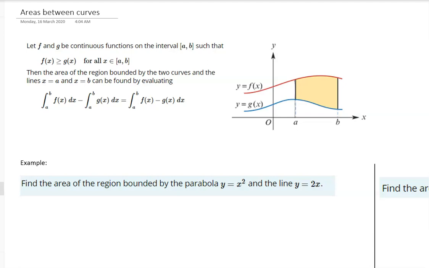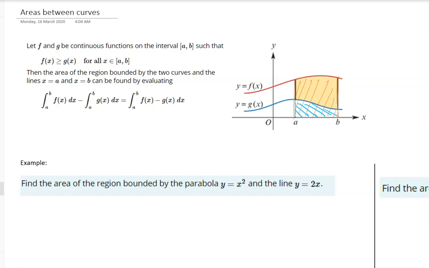Then basically, it's exactly the same idea. If you can find the area under f of x, which is all the way down to the x-axis, and then you find the area under g of x, which for that one is all the way down to the x-axis, then the area between them is literally the difference between the two.